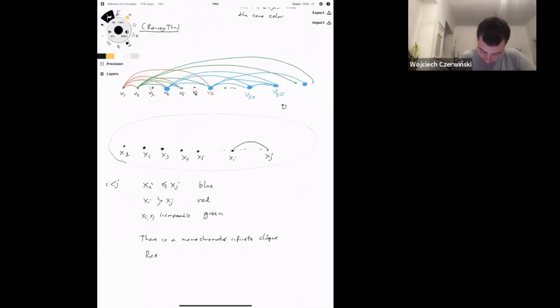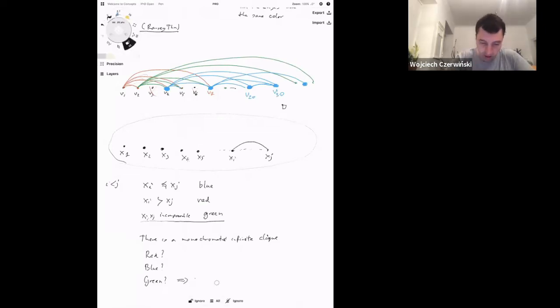Red, blue, or green? Can the infinite monochromatic clique be green? It cannot, because green means incomparable. This would mean an infinite antichain.